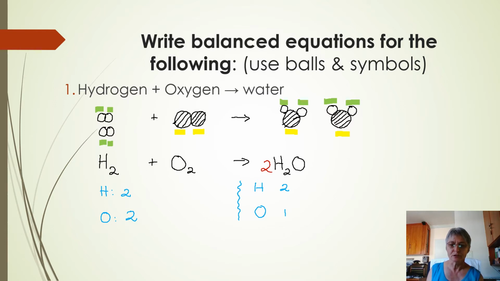If we do this, we would have 4 atoms of hydrogen and 2 atoms of oxygen. The 4 comes from 2 times 2, which gives you 4 atoms of hydrogen, and 2 times 1 oxygen would give you 2 oxygens.